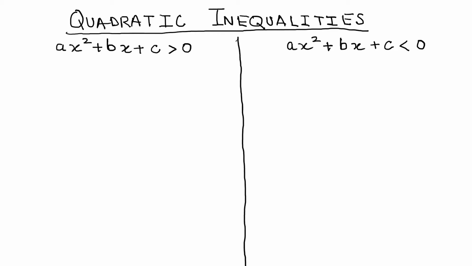Now when I say ax square plus bx plus c is greater than 0, then depending on the value of the leading coefficient, the very first thing that I need to understand here is whether a is greater than 0 or a is less than 0.